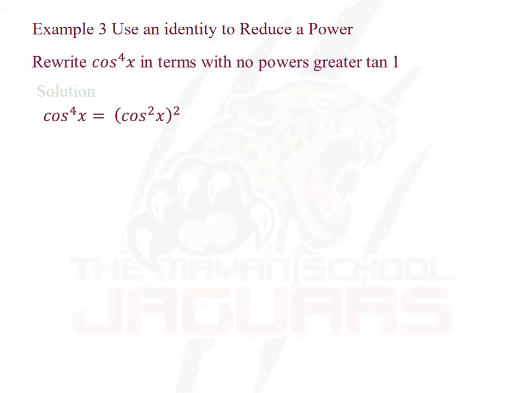Then, in the next step, we're going to use one of the power reducing identities. We're going to replace the cosine square of x by 1 plus cosine of 2x over 2. That's one of the power reducing identities that you can check: cosine square of x is equal to 1 plus cosine of 2x divided by 2. And this whole expression is raised to the 2nd power.